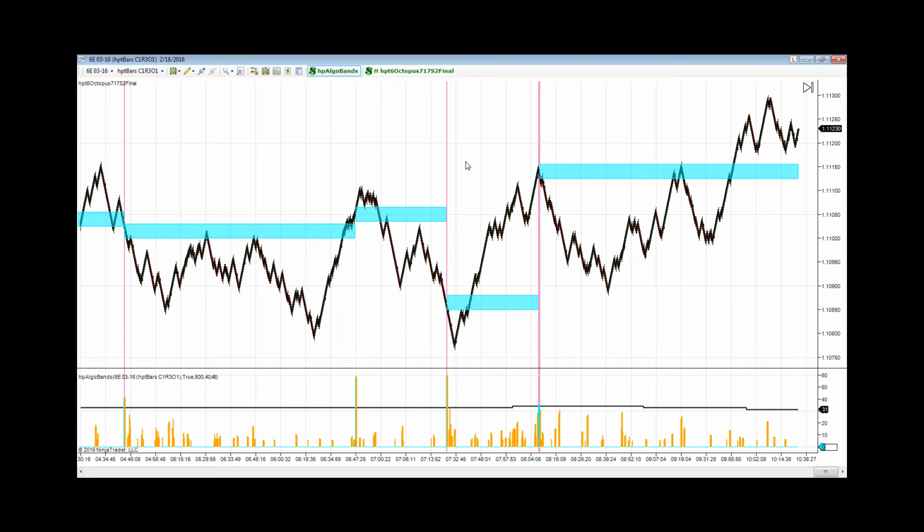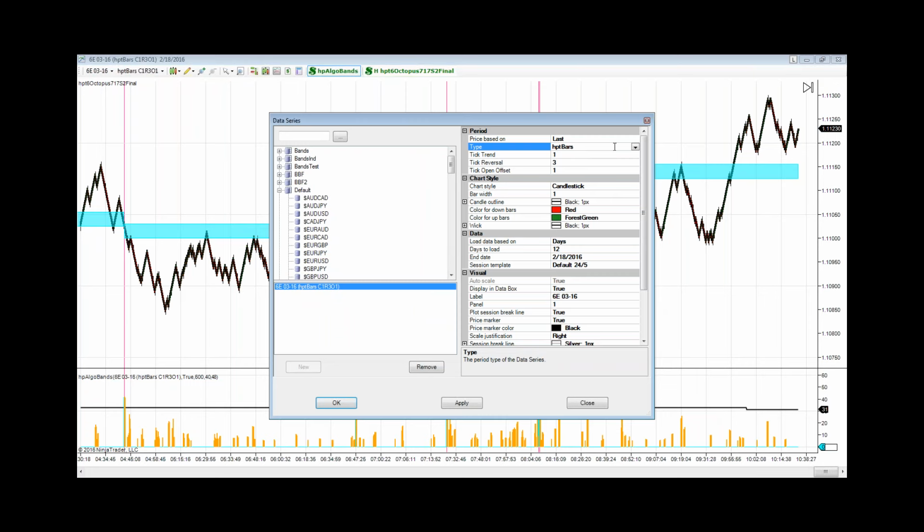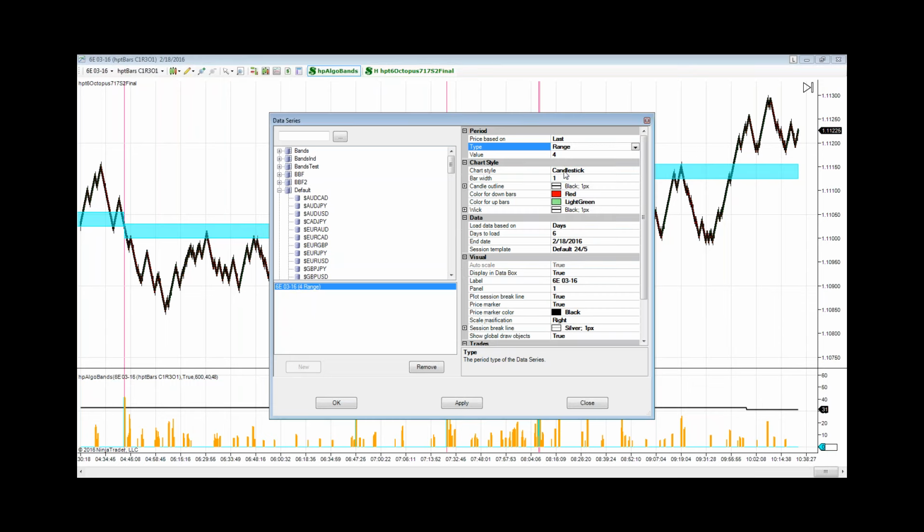I'm going to show how to work the manual here in a minute. What I wanted to point out is you're going to get different values for different data series. Let's remember the current value here is 31 based on an HPT bar. But if I go to a 2 range, oops, wrong way. Remember, I want 12 days of data.